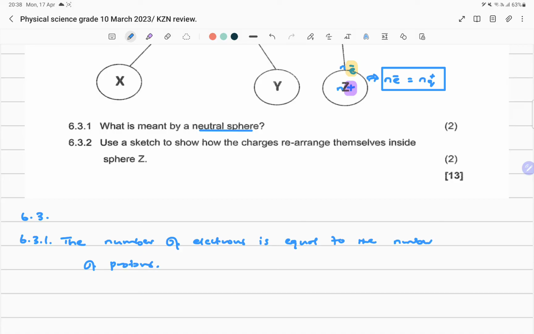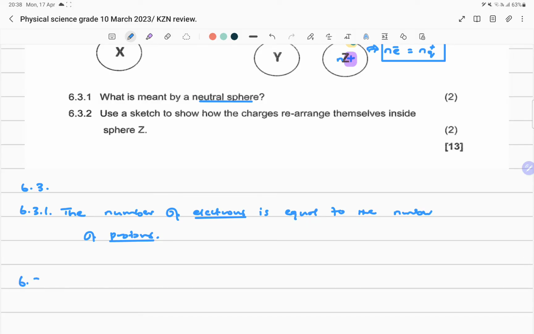Or if you like, you can say the number of negative charges is equal to the number of positive charges. But by definition, electrons are negative charges, protons are positive charges. And if it is neutral, that is balanced. Great.